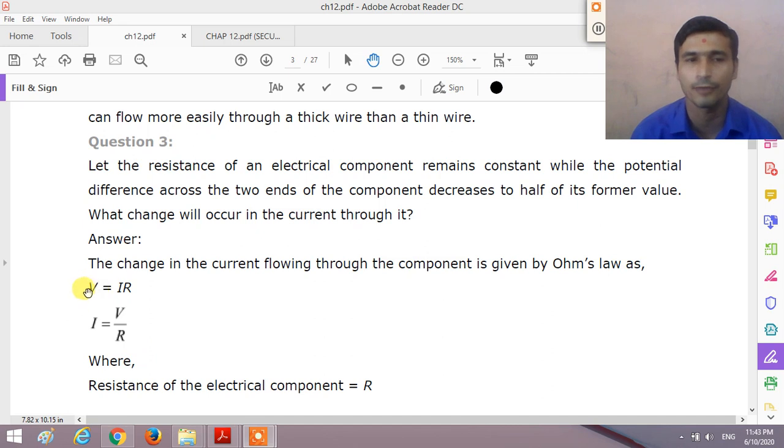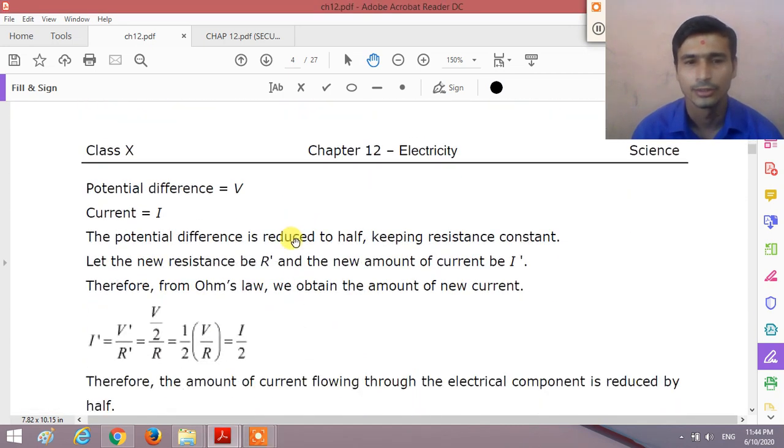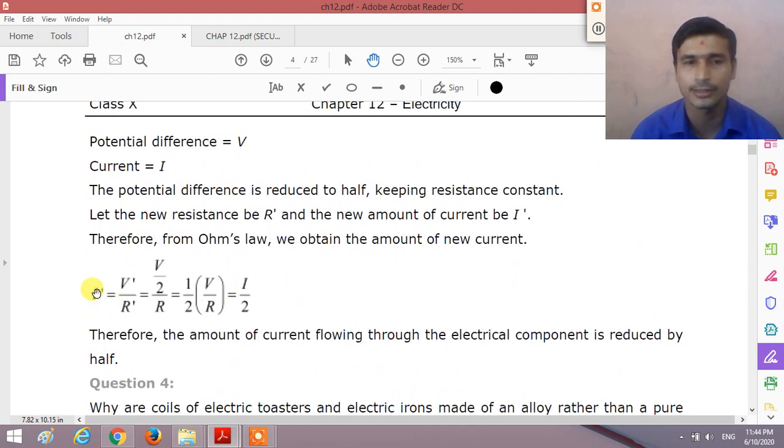We know the formula of Ohm's law, V is equal to I into R. Here resistance does not change, it remains constant, so V is directly proportional to I. So as we decrease the potential difference to half, the current passing through the component also decreases to half.